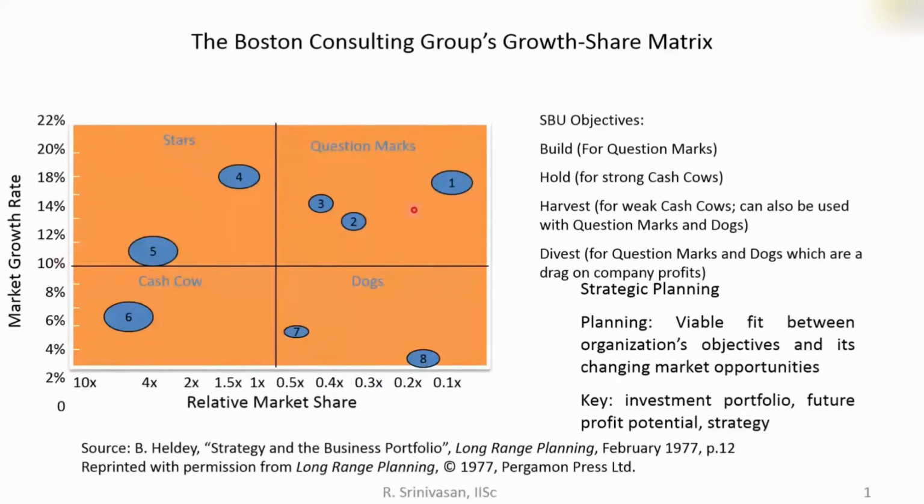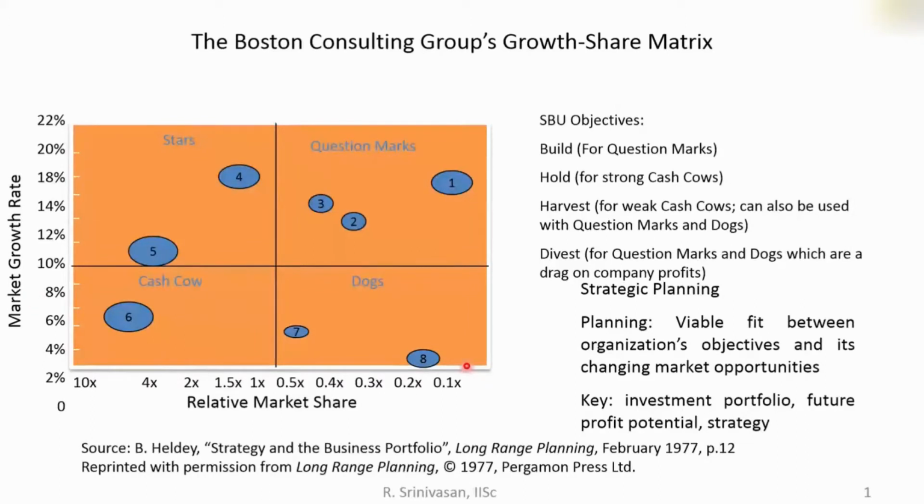The first is called question marks, the second is stars, the third is cash cows, and the fourth is dogs. Any market which has a growth rate of 10% and above is considered to be good in any context, so it fits the Indian context also.